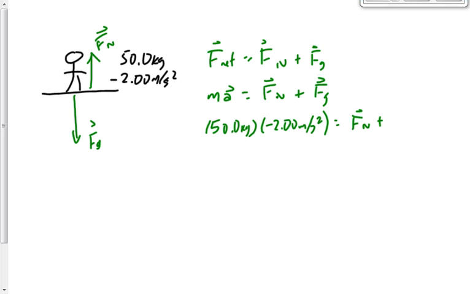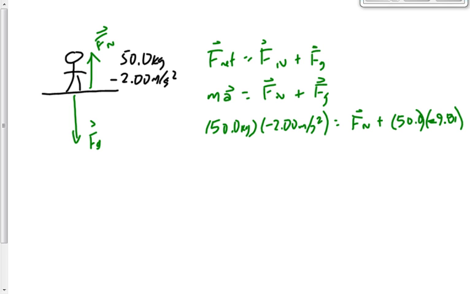The value of Fg is going to be 50 times 9.81. Is that right? The force of gravity, the actual weight, is 50 times negative 9.81. All right, 50 times 2 is 100. We get negative 100 on the left-hand side. We get negative 490 on the right-hand side.